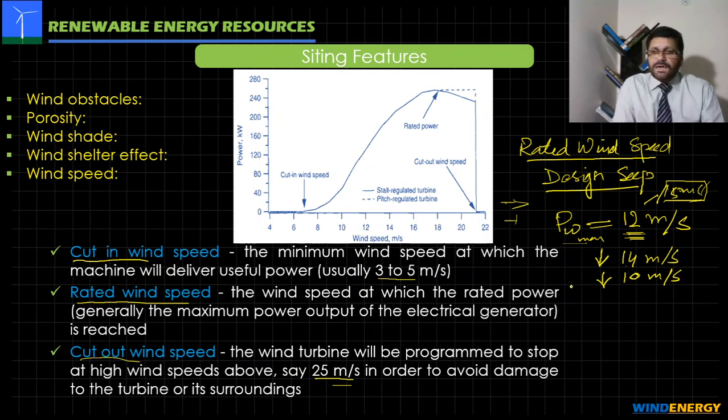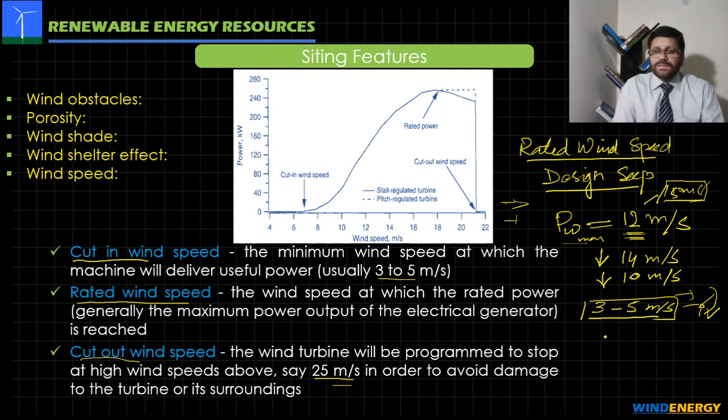Now as far as the starting of the wind turbine, that is cut-in speed, that is roughly 3 to 5 meter per second. This is the speed of the wind at which the rotor of the turbine starts spinning, the linear energy is captured by this rotor, and the spinning of the rotor starts.